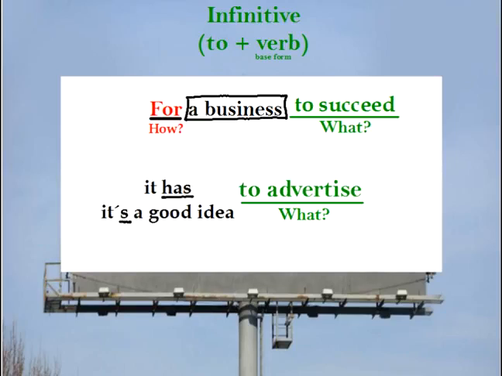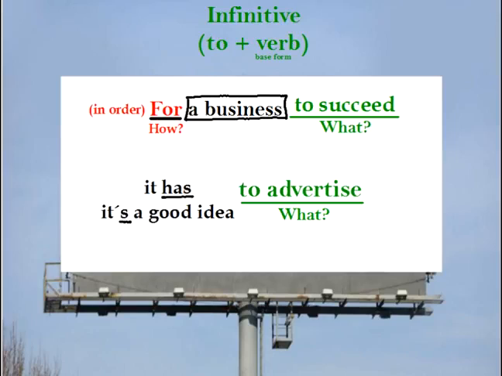Now, just like when I used to describe how, I can use for to describe how, and I can use a longer phrase. I can say, in order for a business to succeed, or I can choose to not use it and just say for a business to succeed. So both are okay.